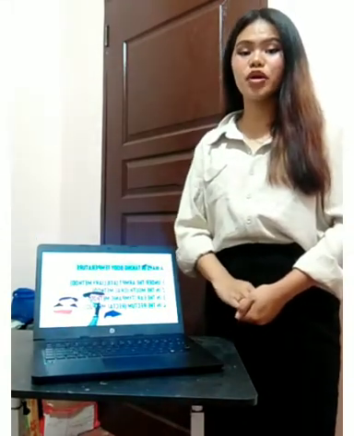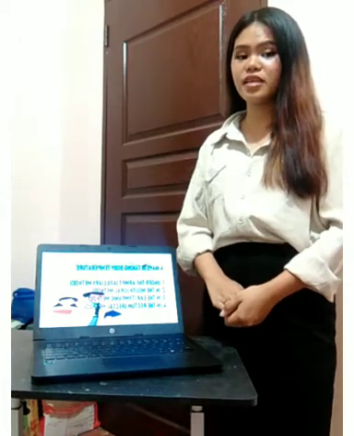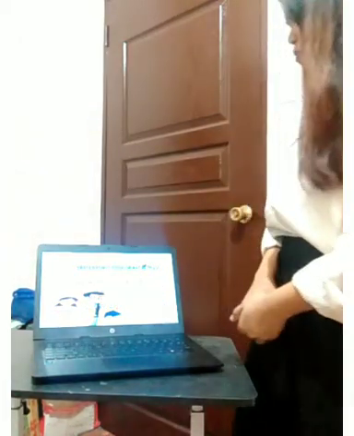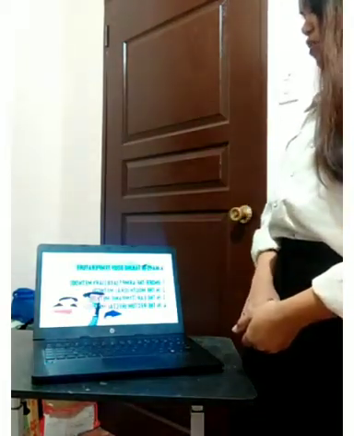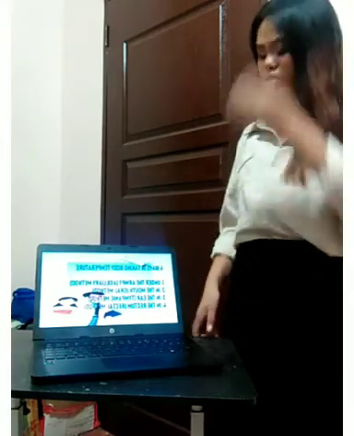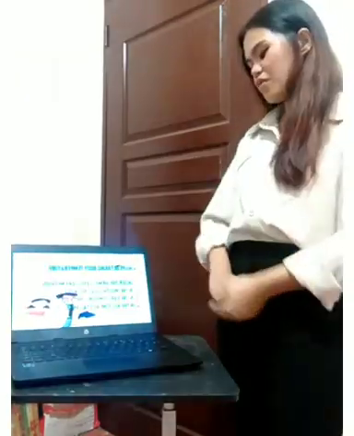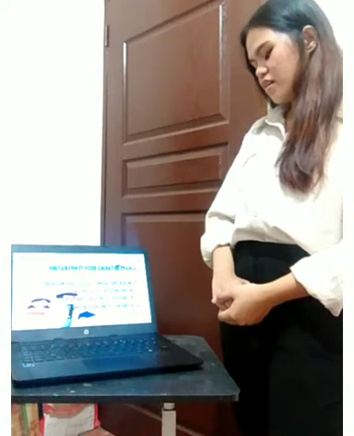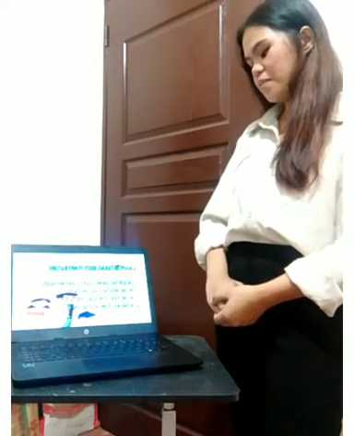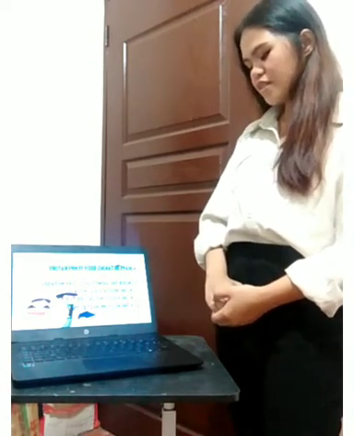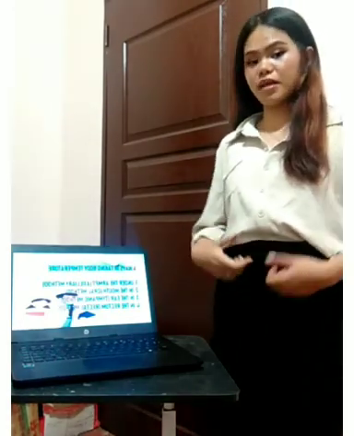There are also 4 ways of taking body temperature. The first method is under the armpit, or the axillary method. Next is the mouth, or the oral method. Third is the ear, or the tympanic method. Fourth is the rectum, or the rectal method.